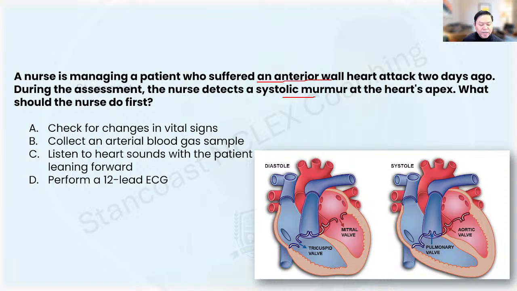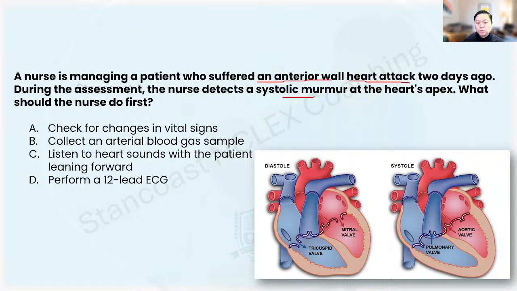Now, guys, we have an add-on in our assessment. Look into the statement here. The patient had an anterior wall MI 2 days ago. Okay. And now that you are the nurse taking care of this patient, you are auscultating. You're able to hear a systolic murmur at the heart's apex.